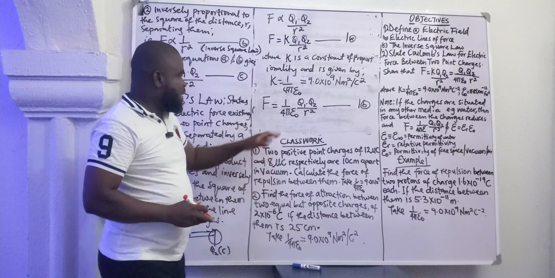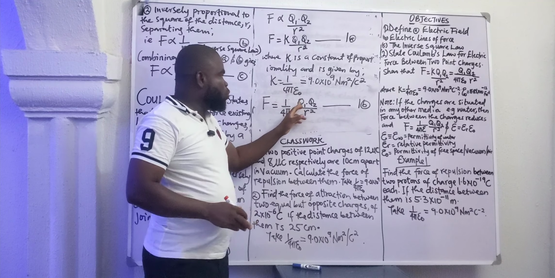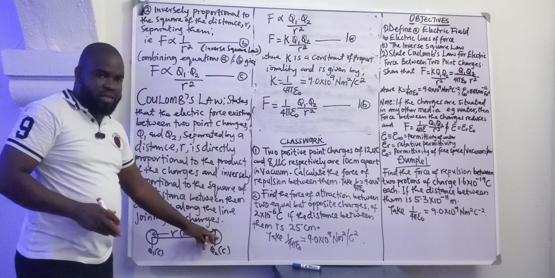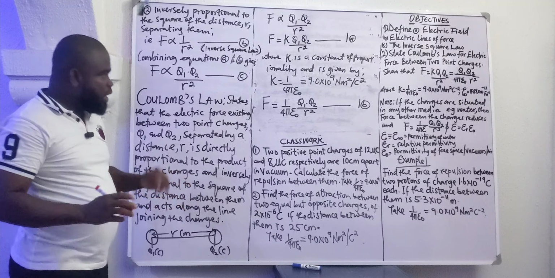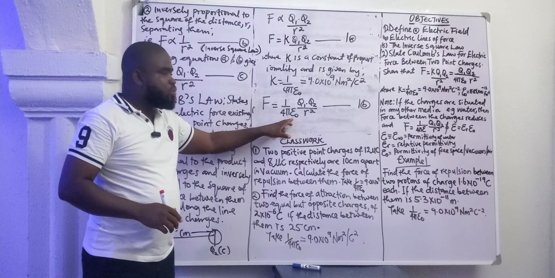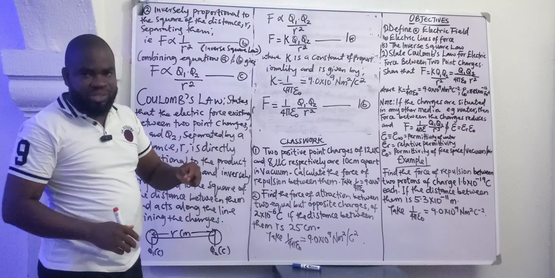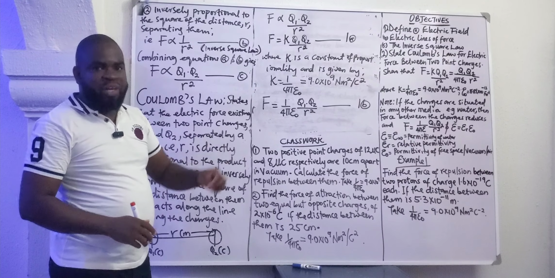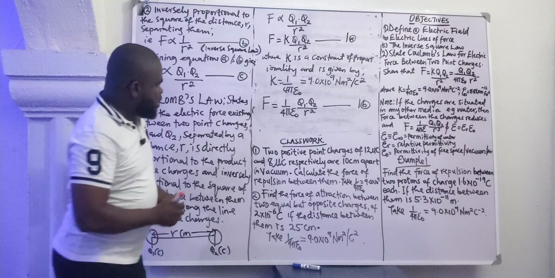Equation 1b is applied when we assume that the charges Q1 and Q2, as we have here, are situated in vacuum. Hence, we are using epsilon 0, where epsilon 0 means permittivity of free space, permittivity of air, or permittivity of vacuum.